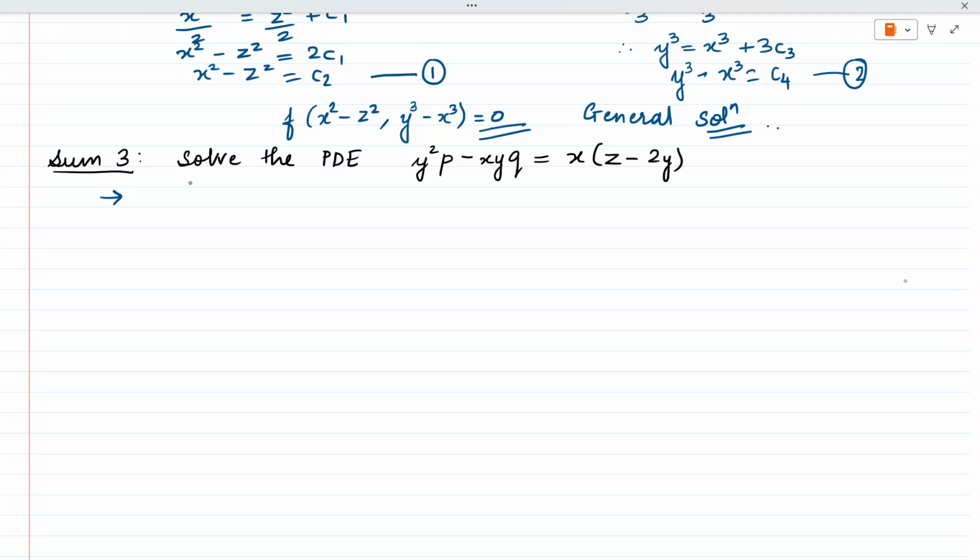Come on. Yes, Ishika, Pratibha, Sarfara, Swati. Yes, ma'am. What's the auxiliary equation here?